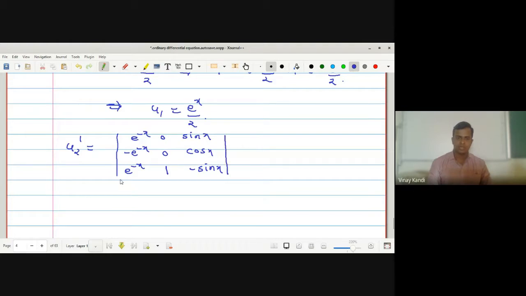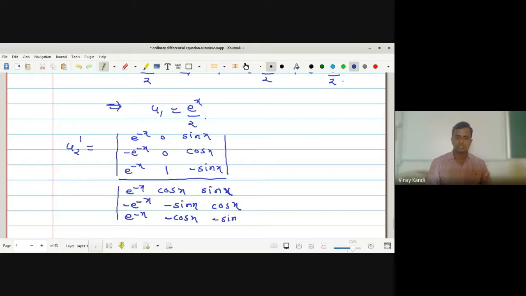Okay, and the खालचा डिटर्मिनंट तुमचा आहे तसा: e raised to minus x, cos x, sin x; minus e raised to minus x, minus sin x, cos x; e raised to minus x, minus cos x, minus sin x.